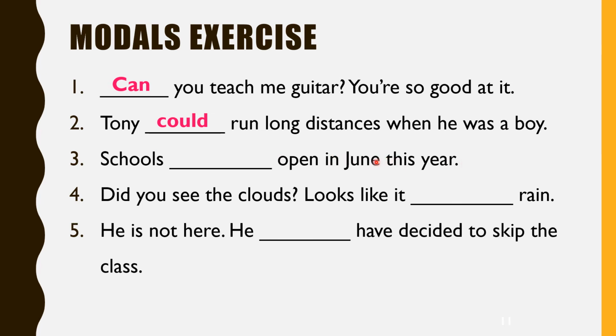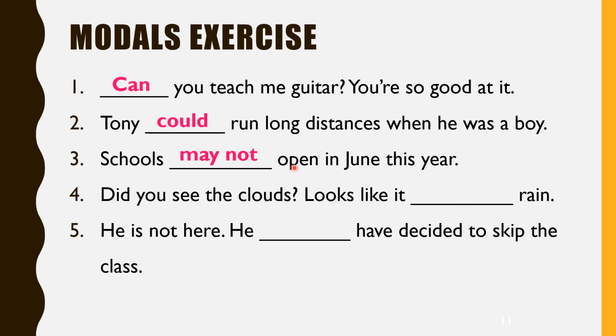Whether it is a strong possibility, we use may, if it's a weaker possibility we use might, and if it is not going to open, then we use negative. So in this case we use may not, stronger possibility and negative, so we use may not open in June this year.